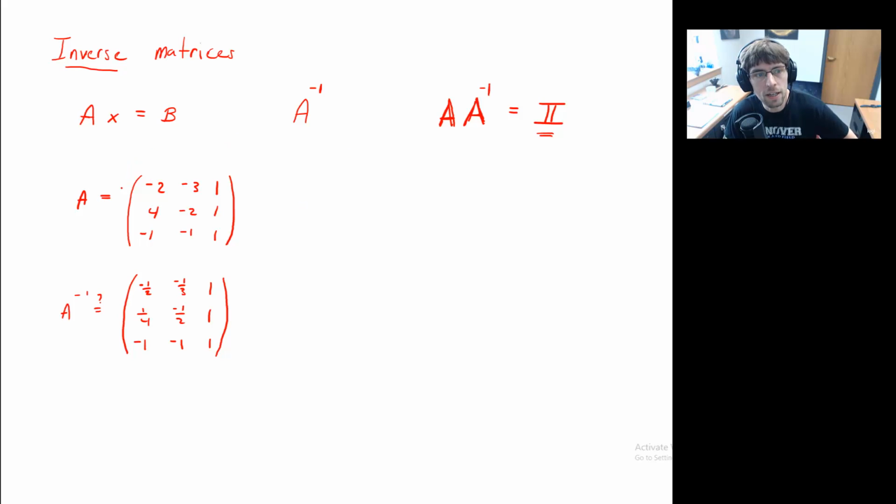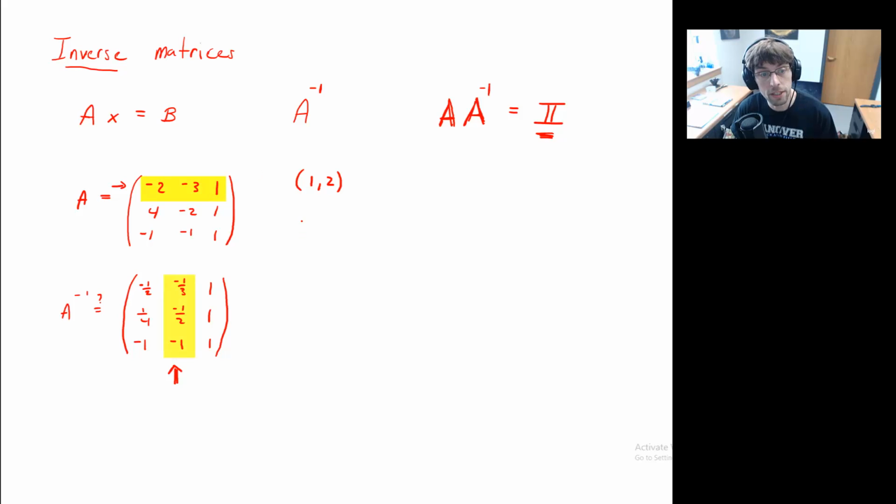I will take the first row of A and multiply by the second column of the proposed inverse matrix. This should give me the first row, second column of the resultant. And if it's the identity matrix, that value should be equal to 0. So let's go ahead and check.